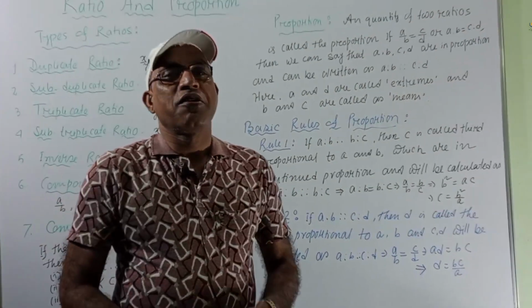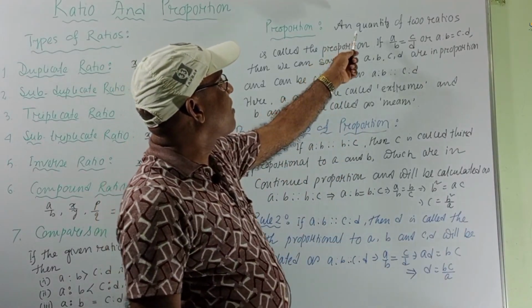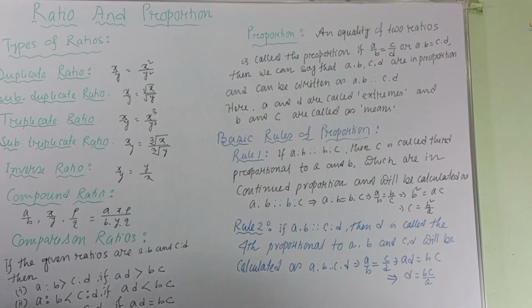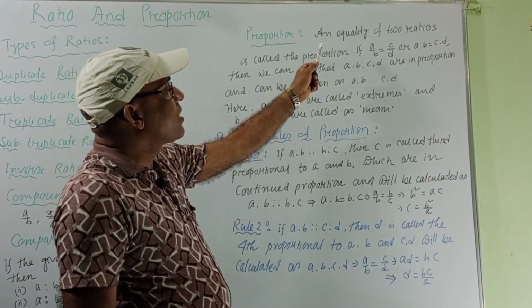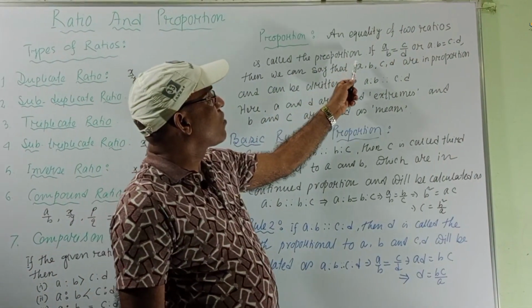Next we consider proportion. An equality of two ratios is called proportion.